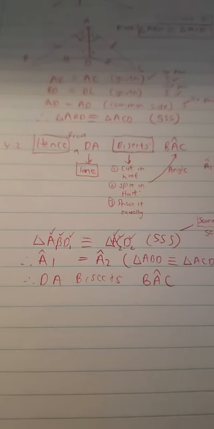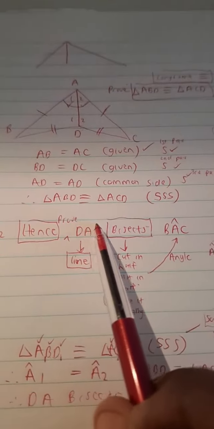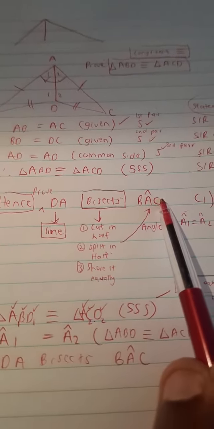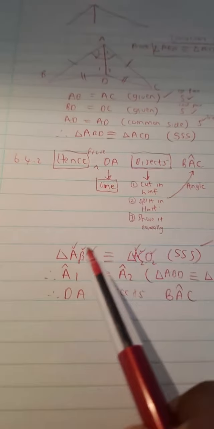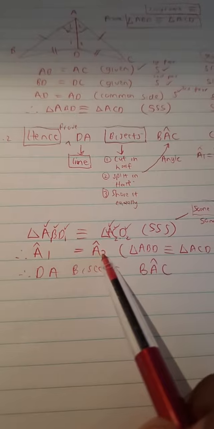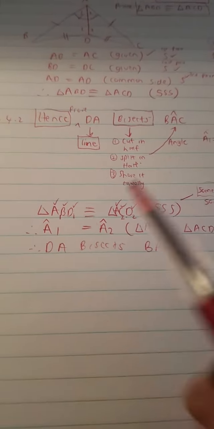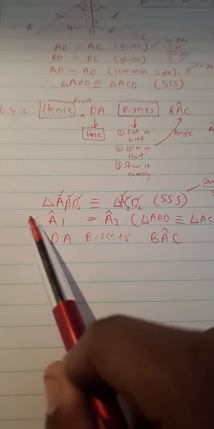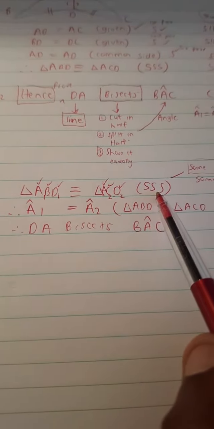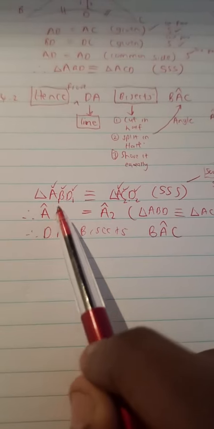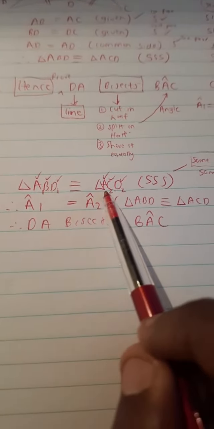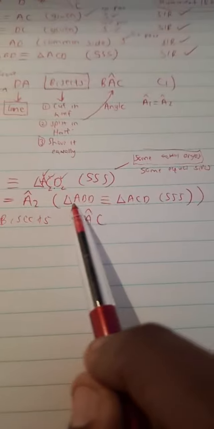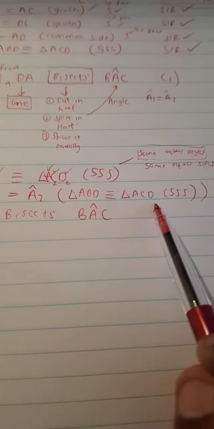So the question here is saying we must prove that DA bisects BAC. In other words, angle A1 and angle A2 are equal. If they are equal, then it means DA bisects BAC. So now I can say, therefore, based on the congruence of the two triangles, angle A1 is equal to angle A2. Why? Because of congruent triangles.